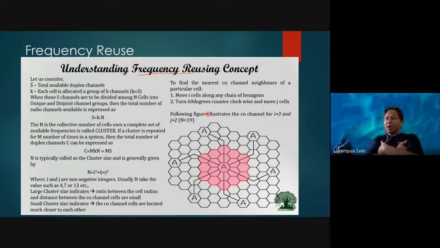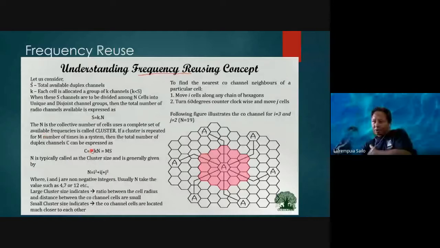So how do we calculate the duplex channels C? C is equal to M K multiplied by N. K multiplied by N means S, so S is equal to K multiplied by N. And M is the number of times a cluster is repeated in the system, the number of clusters in the system.